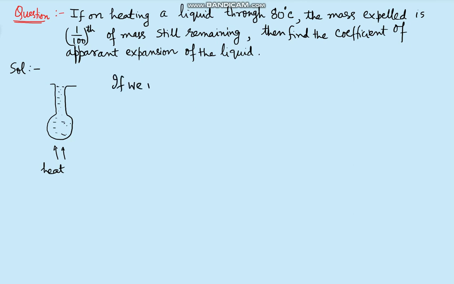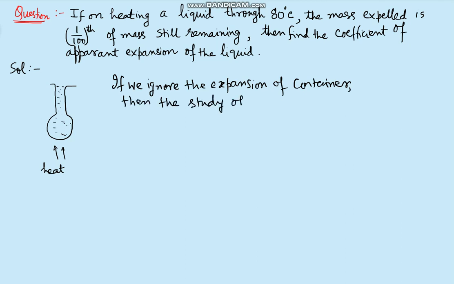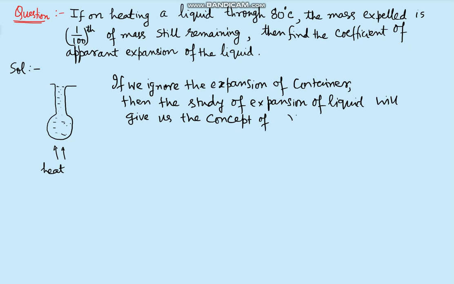If we ignore the expansion of the container, then the study of expansion of liquid will give us the concept of coefficient of apparent expansion of the liquid. That is, apparent means always with respect to the container.